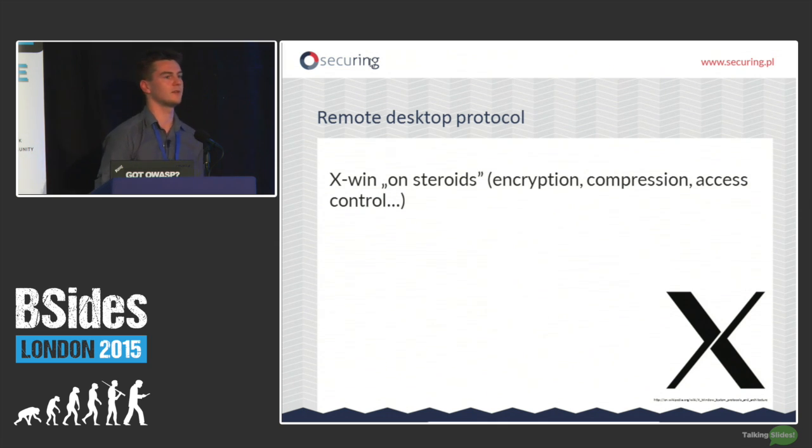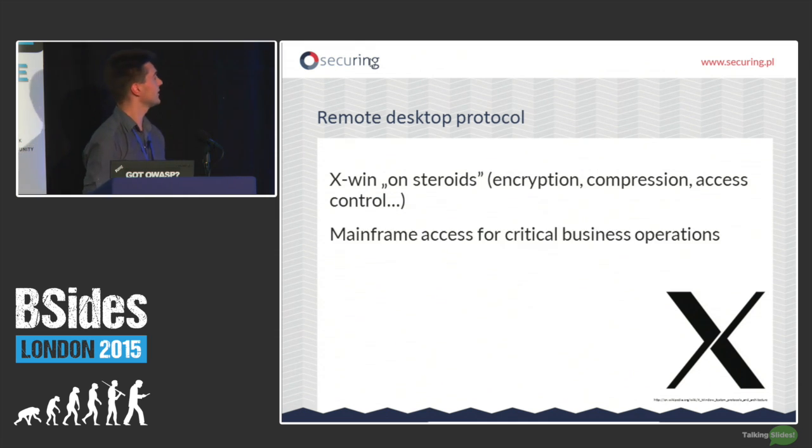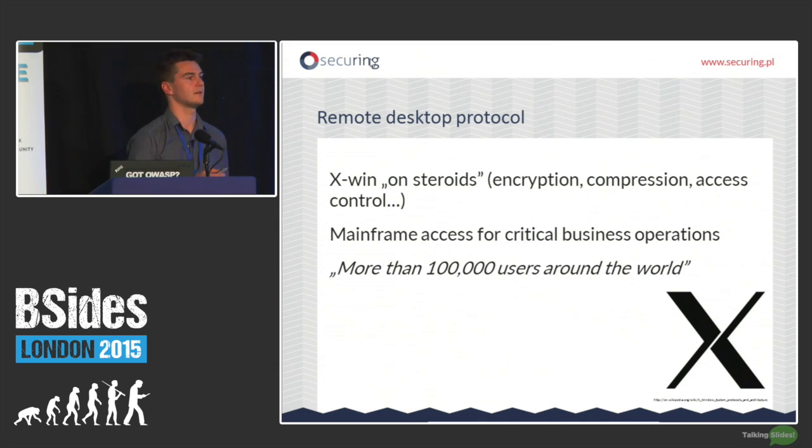We tested one of the remote desktop protocols. These protocols are optimized for latency or for the amount of data that is sent through the cable. The vendor claims that his solution is very secure.